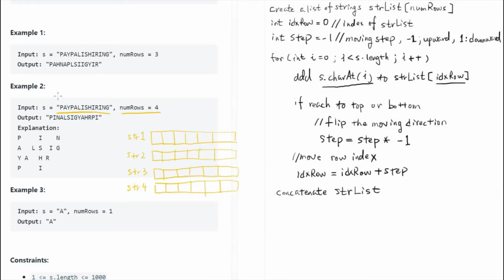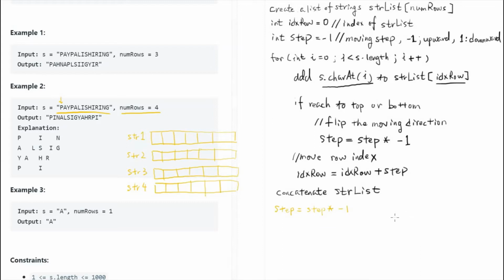First, we enter the for loop, and our index is pointing to the first letter, P. And here we keep track of the step. The step is equal to step times -1.